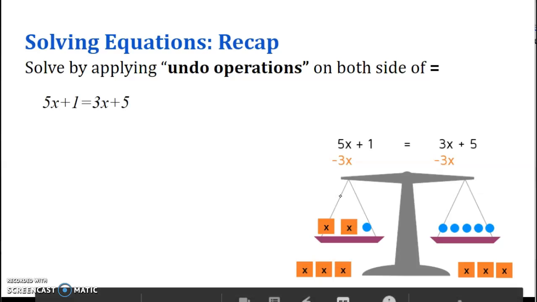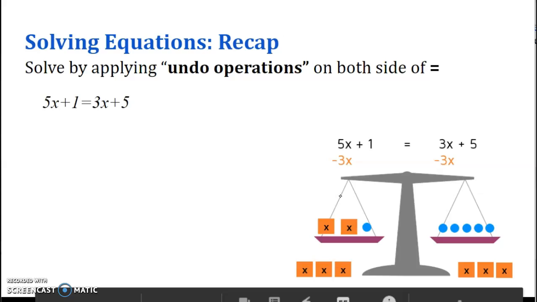that we have a balanced scale. Okay? So 5x plus 1. So this 3x used to be on the balance scale. So we had 5 of the x's on the balance scale plus 1, that blue dot represents a unit 1. And then on the other side, we have 3 of the x's on the balance scale and plus 5 of the dots that represents the 5.